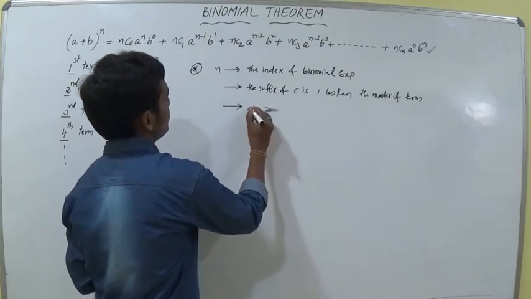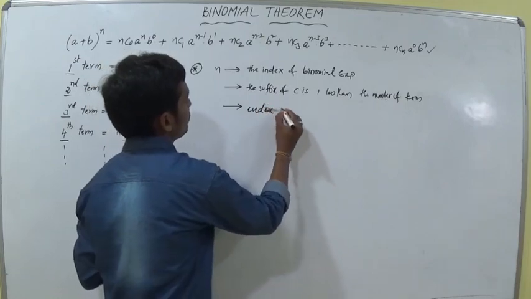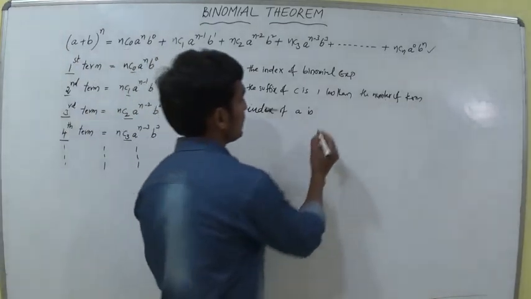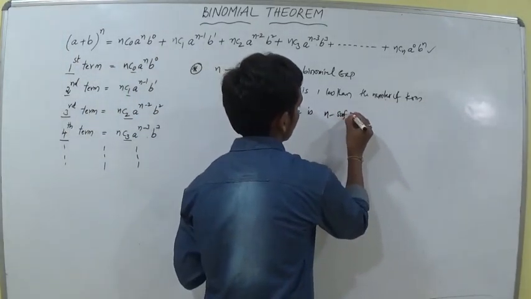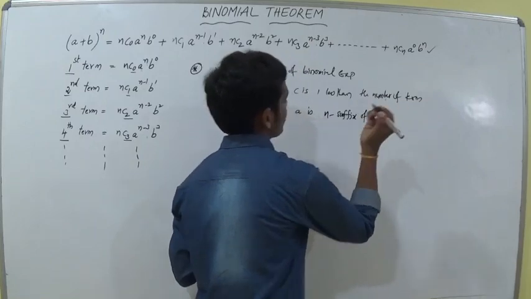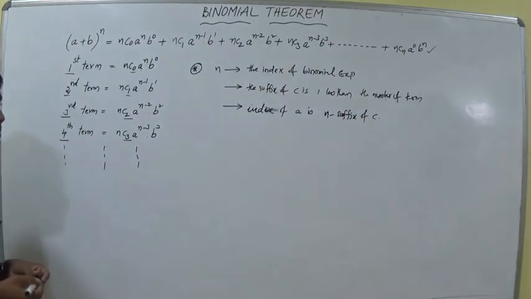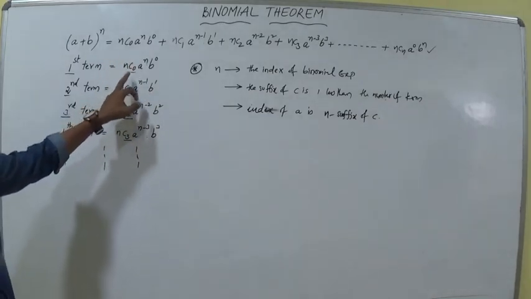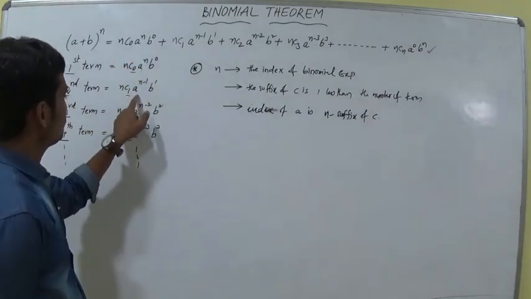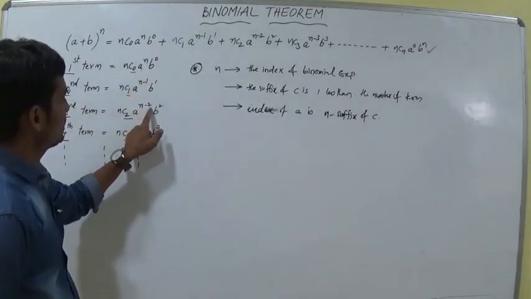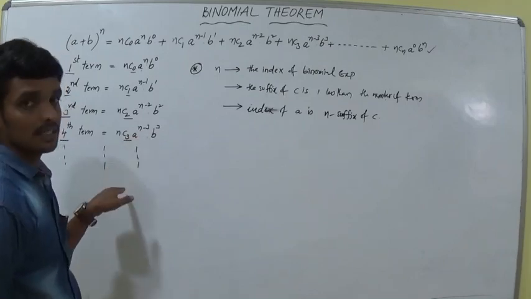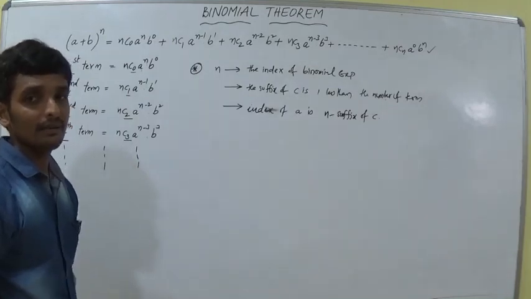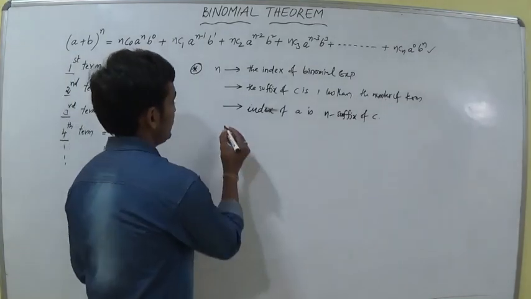Index of a, listen: index of a is n minus suffix of C. Here n minus 0 is n, then n minus 1, n minus 2, n minus 3. The same way, the last term, the nth term, is also a power n minus n. Next, the index of b.